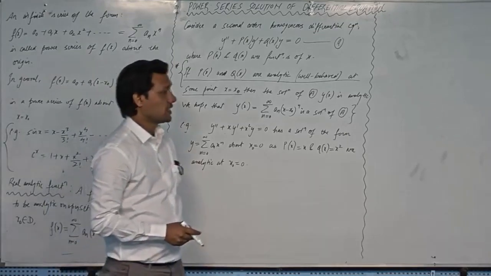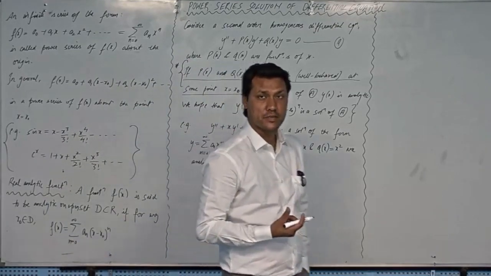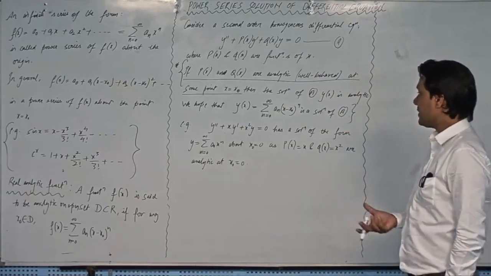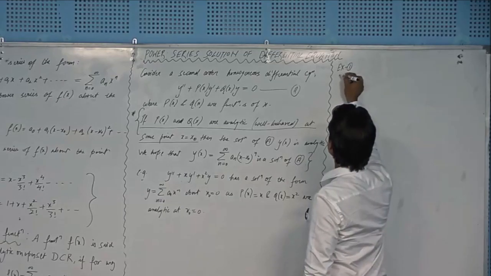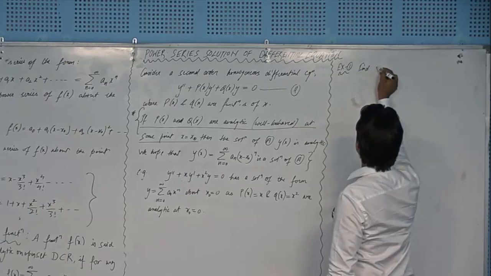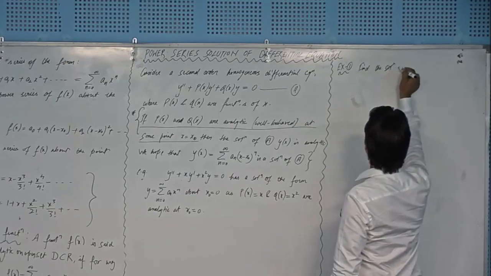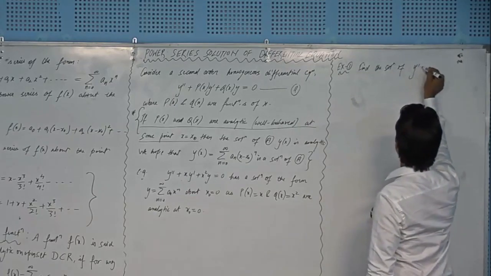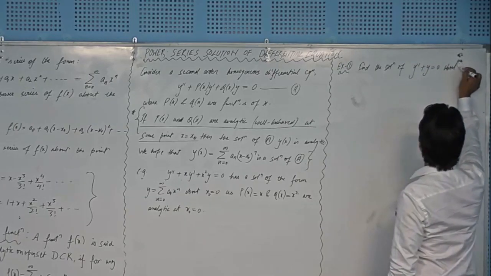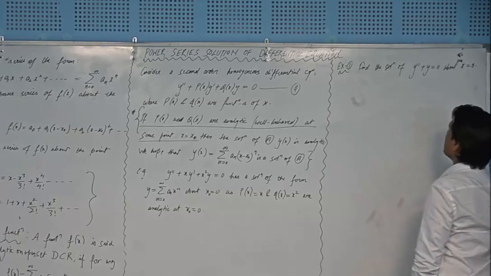I will take an example, a kind of motivating example to start this power series solution method. I will take the familiar differential equation of second order, and that is example number 1. Find the solution of differential equation y double dash plus y equal to 0 about the point x equal to 0, right?